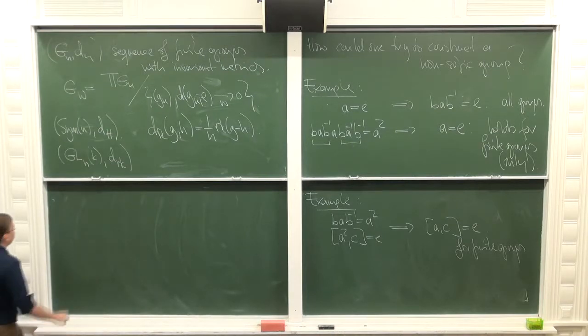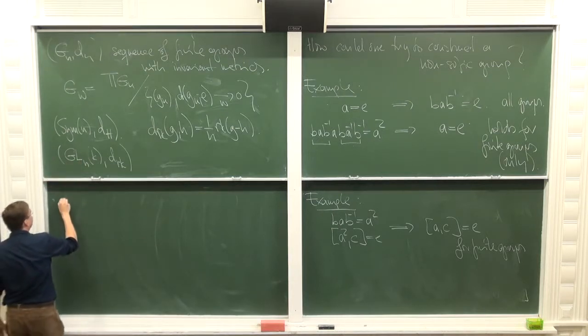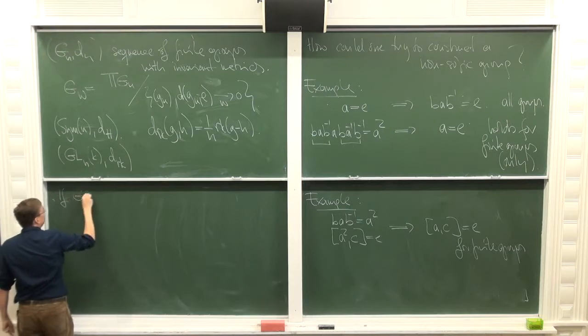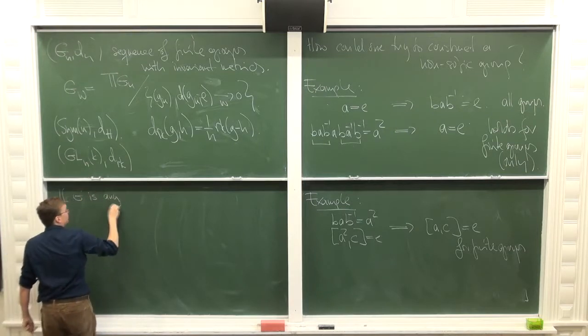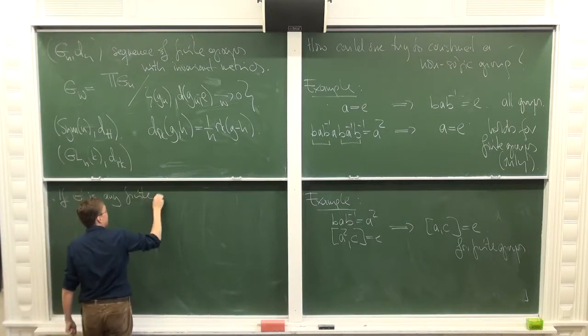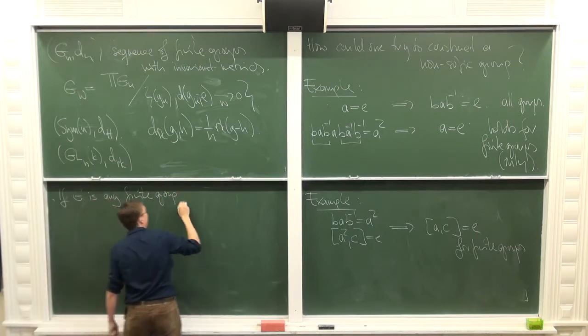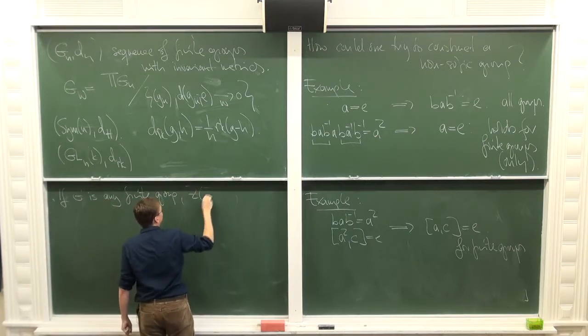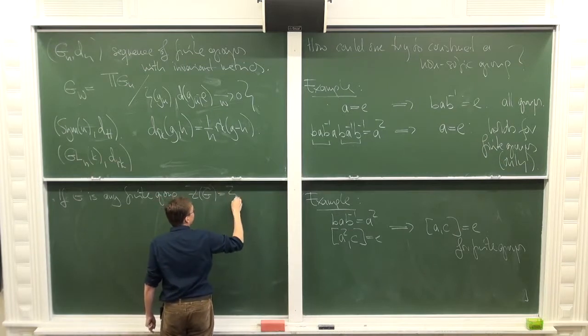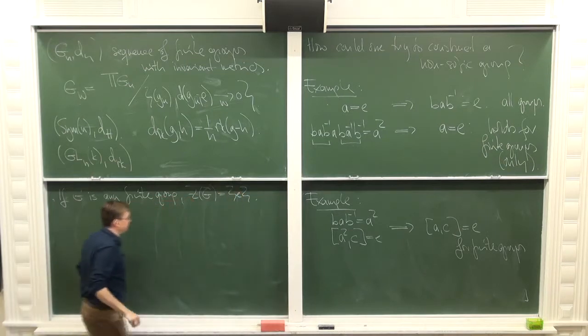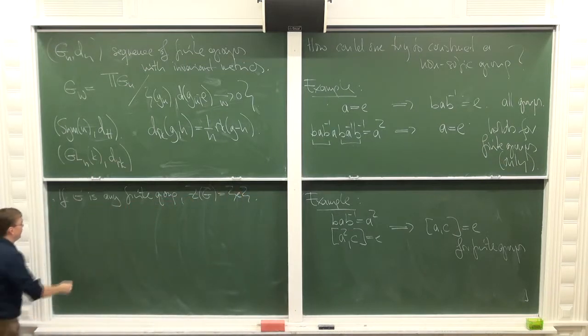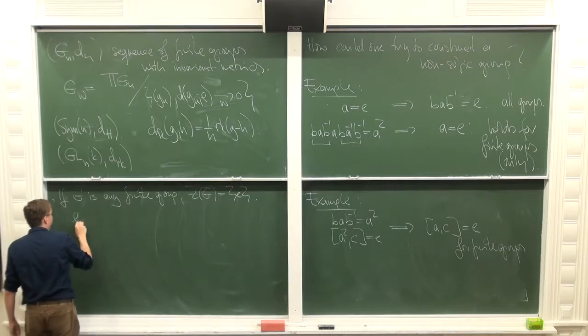There's an even more abstract way of producing finite groups with such metrics. If G is any finite group, and let's say that the center of G consists only of the neutral element, then you can define the following. First of all, let me right away define the distance.